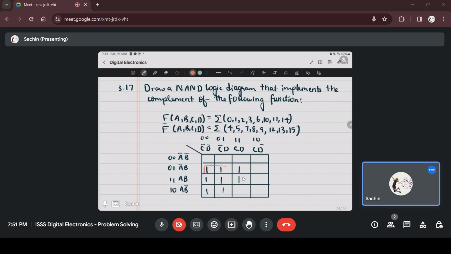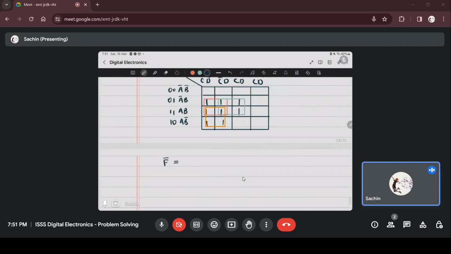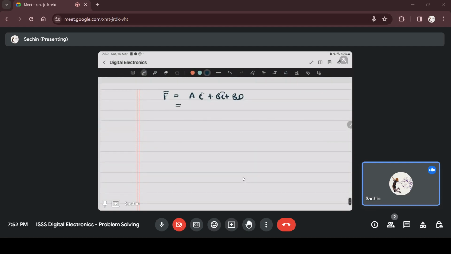which can be simplified using 3 quads, so 3 terms. F complement is equal to AC prime plus BC bar plus BD, and then we have to implement this using only NAND gates, so we double complement it.